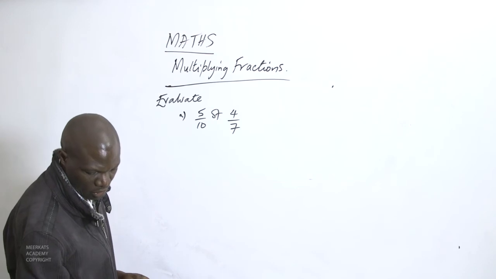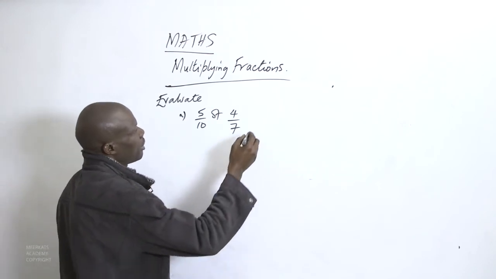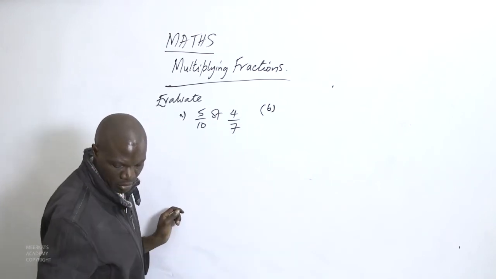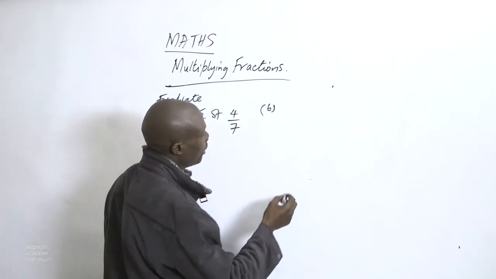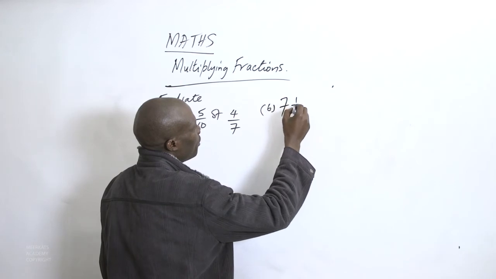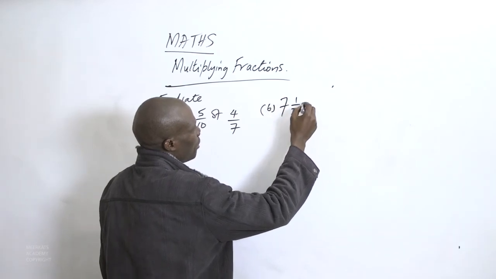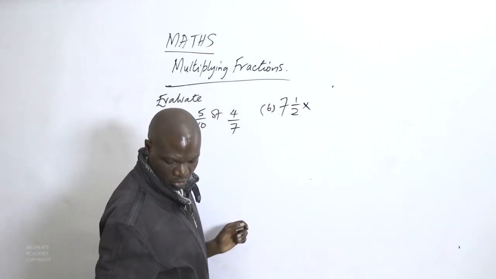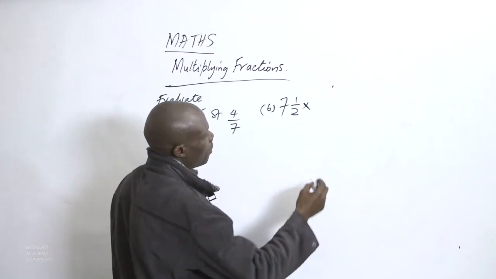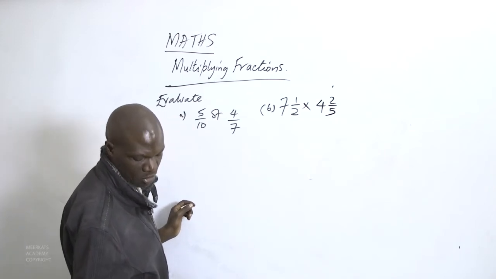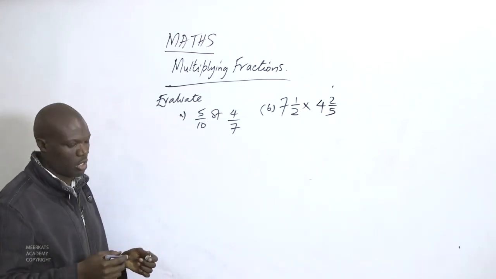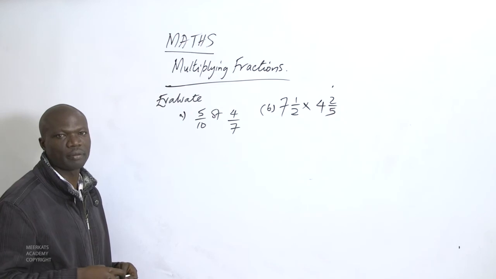And then we also look at the second one, which is 7.5 times 4 and 2 over 5. So we have to evaluate these two questions.